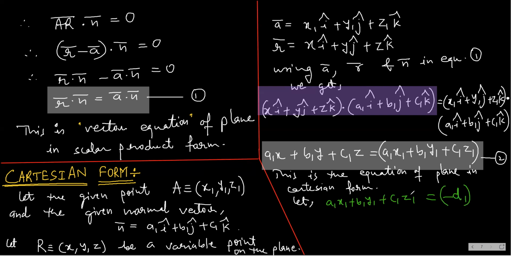See, it is just a number, and that number I am writing as negative d1. Therefore you will get a1x plus b1y plus c1z equals negative d1.